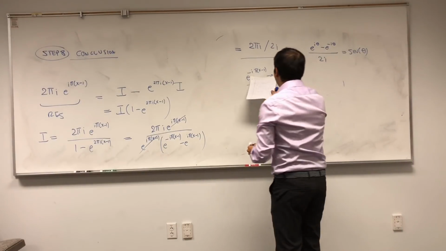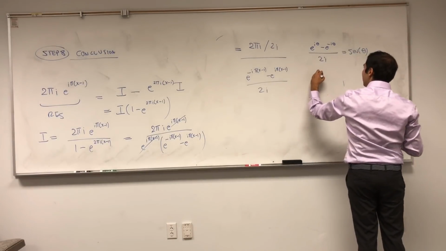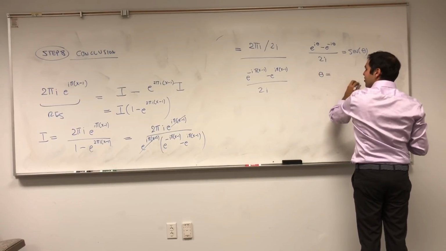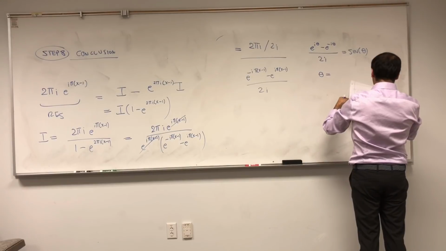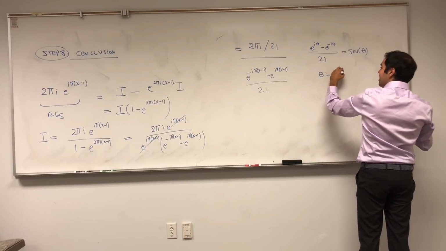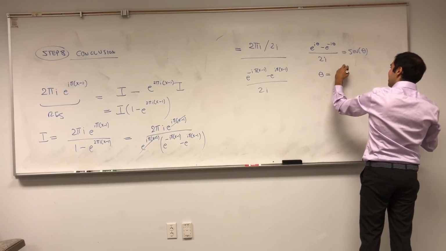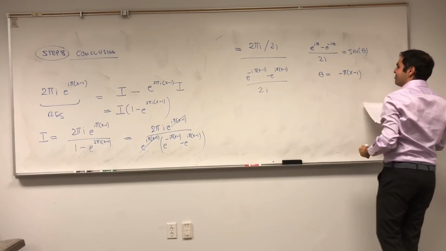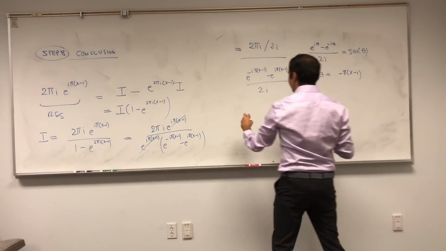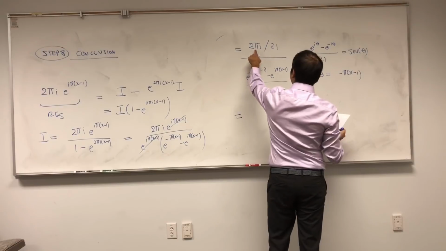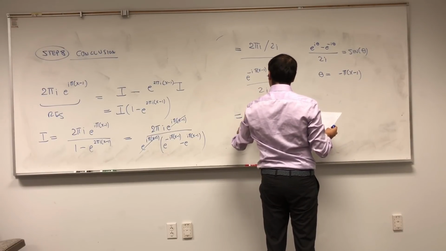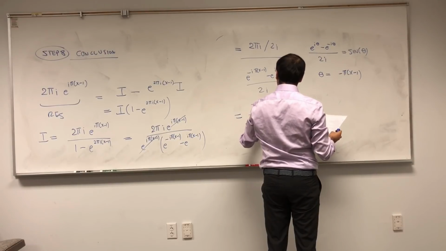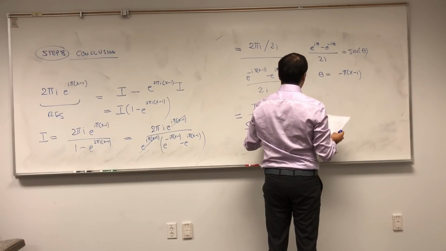Well, it's the same thing, but with theta equal to, let's see, minus pi times x minus 1. And so what we're left with is pi over sine of minus x minus 1 pi.